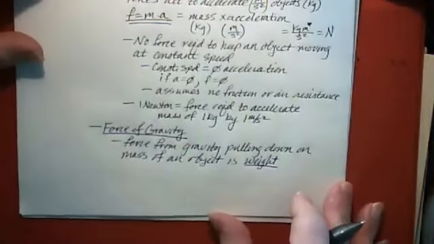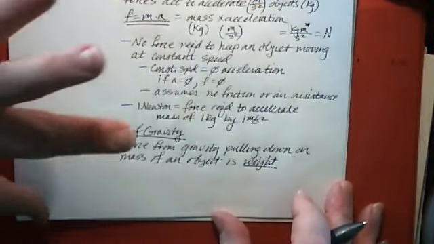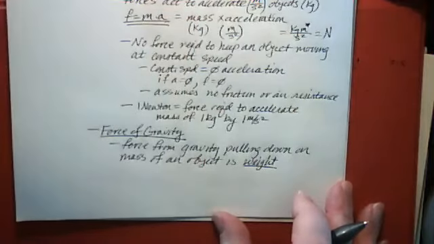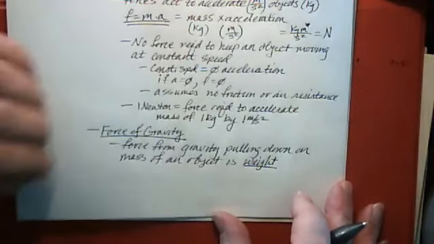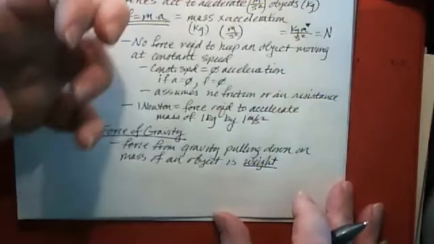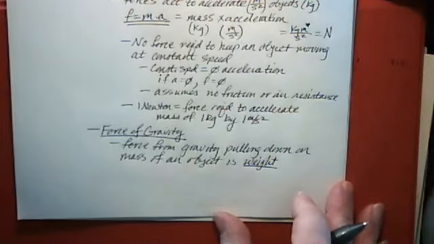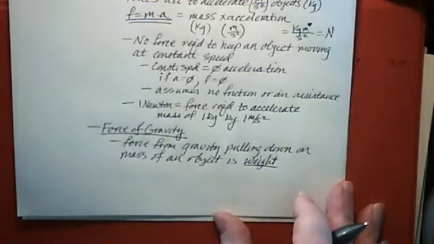Basically, weight and mass are related to each other, but mass is kind of an inherent property of an object or a sample. It's how much matter there is in that object or sample, while weight is the effect of gravity pulling down on that mass. And so weight is related to mass, but it's not the same thing. Weight will change with gravity if gravity changes, but mass will not. So your mass is the same on the moon as it is here, but your weight will be less on the moon than it is here because gravity is less.